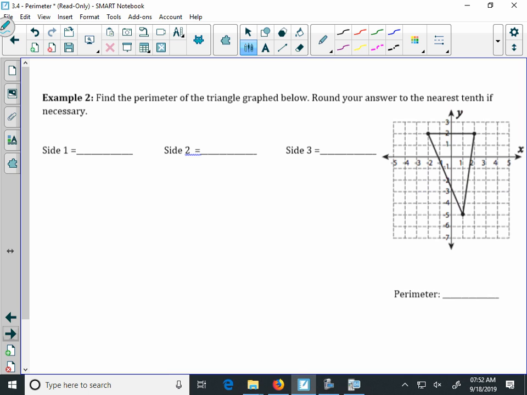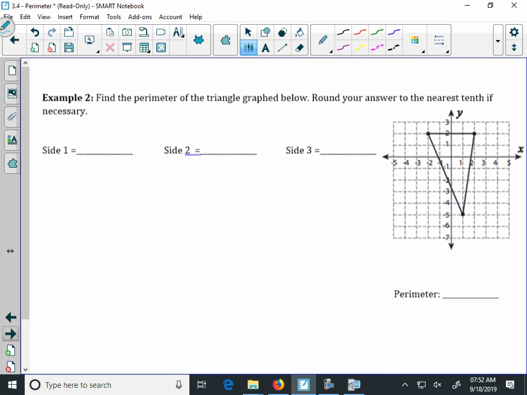Okay? But when we're dealing with the coordinate plane, how can we find the lengths of all those sides? What do we have in our toolkit to help us find those sides? The Pythagorean theorem, just like what you should have done on your quiz, just like what we did on Friday last week.